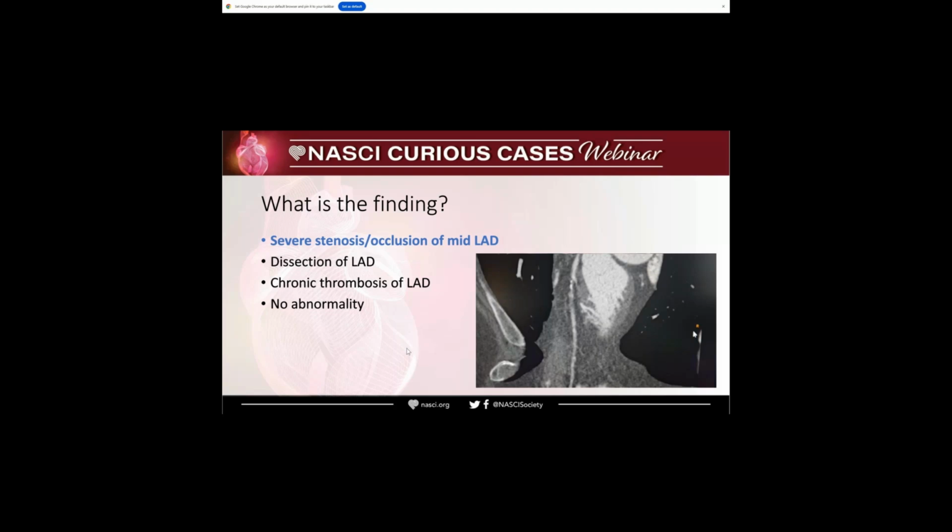And what would you recommend for this patient? What kind of a tool will help you evaluate the patient further? What kind of a modern tool do you have? Has anybody heard about a CT-FFR?